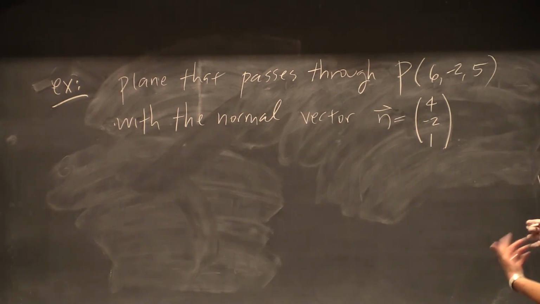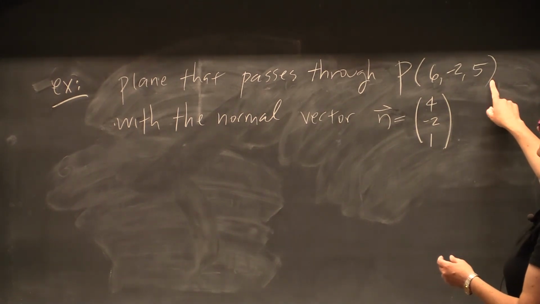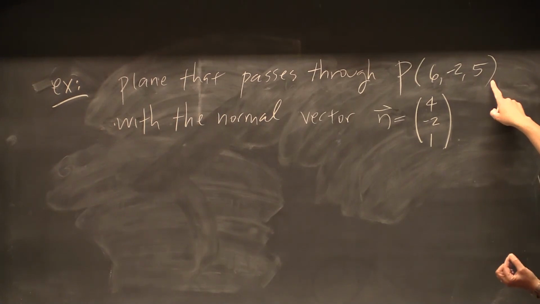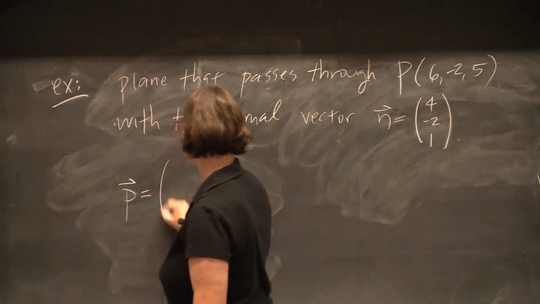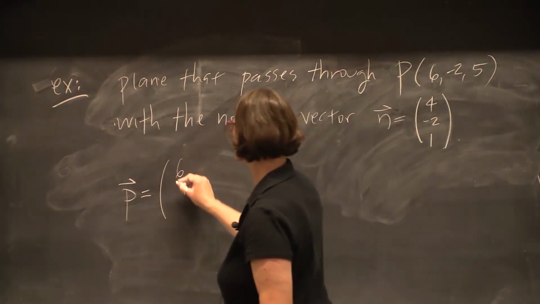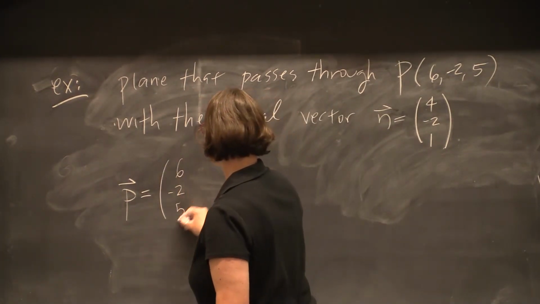So first of all, I need to translate this from a point in the plane to a position vector. So the position vector for that point is (6, -2, 5).